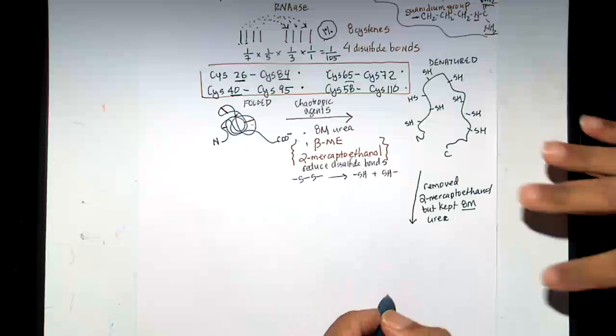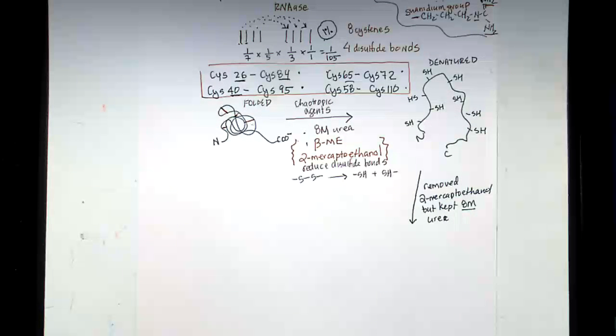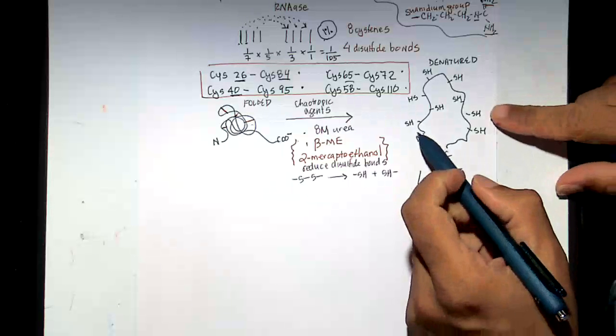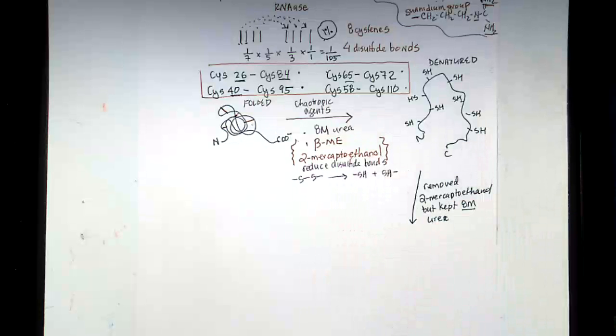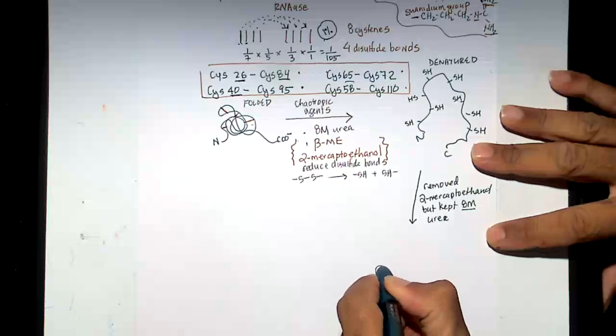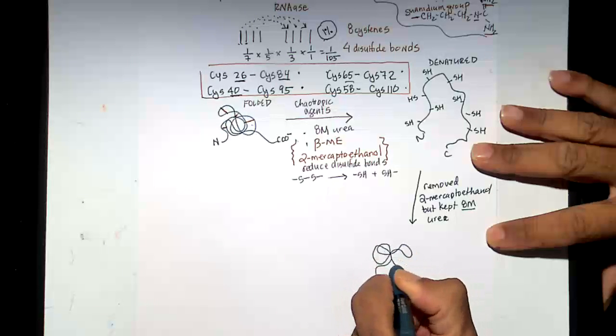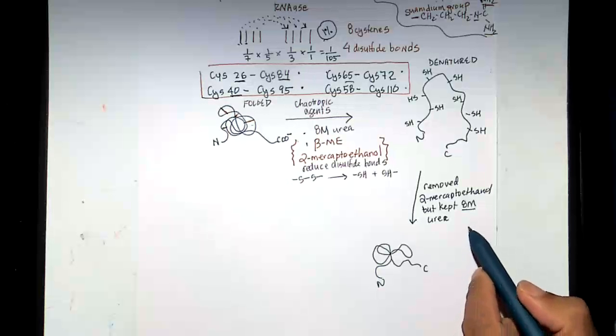So what he found was, when you remove the 2-mercaptoethanol, what happens? You're going to start getting the disulfide bonds forming.